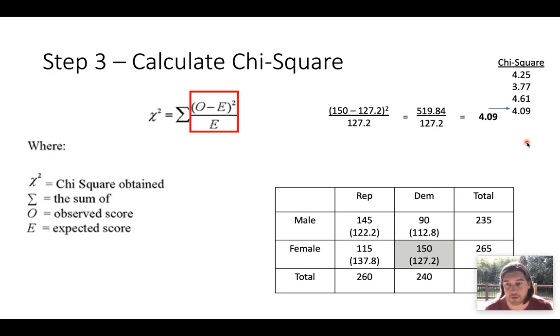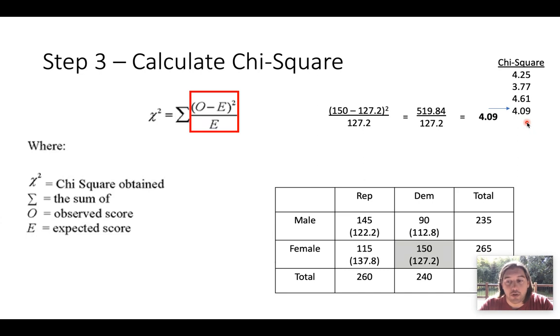So now I have 4 chi-square contributions, 1 from each of my cells, and these numbers mean exactly what chi-square meant with the goodness of fit. The larger these values, the more deviation my observations are from my expectation.